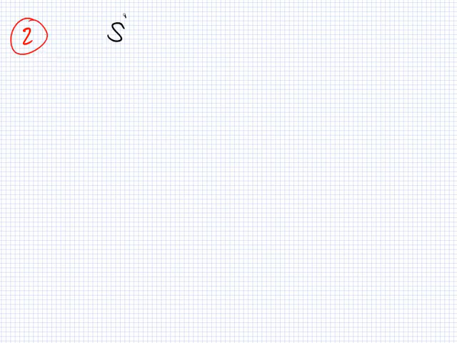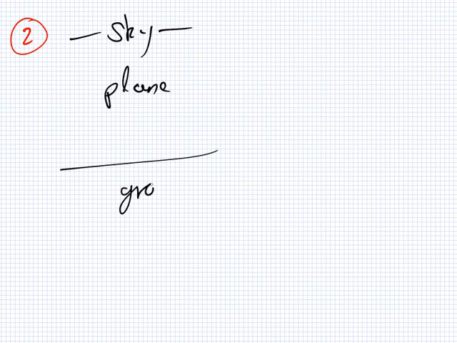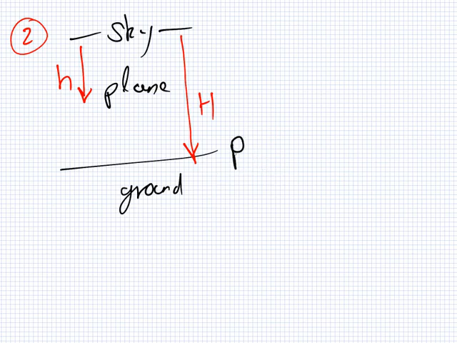Here's the sky. Here's the plane. And here's the ground. So this distance here we'll call small h, and this distance here we'll call big H. I'll call this pressure here P2 and this pressure here P1.